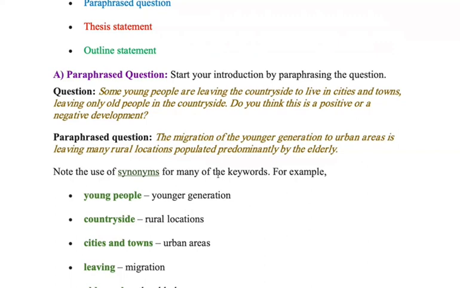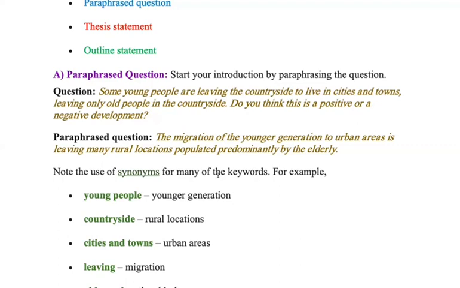So here, instead of "leaving only old people in the countryside", that means the young people are leaving the rural areas, the countryside, the villages, and moving to cities and towns. However, they have left the old people in the countryside alone.